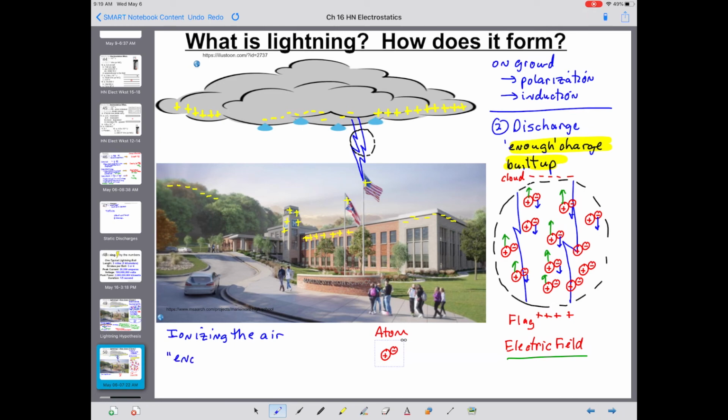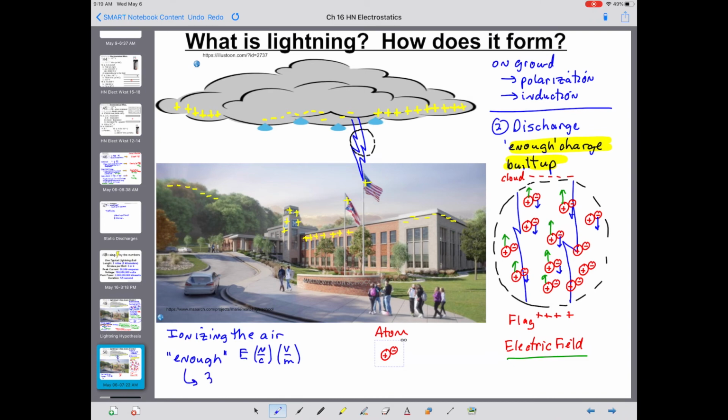How much is enough charge? Well, in the investigation the other day, you measured electric field values, but you didn't measure them in your typical newtons per coulomb. The simulation had you measure them in volts per meter, which is another comparable unit for electric field.